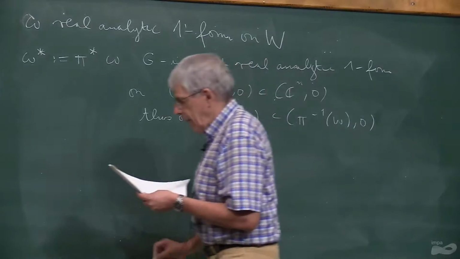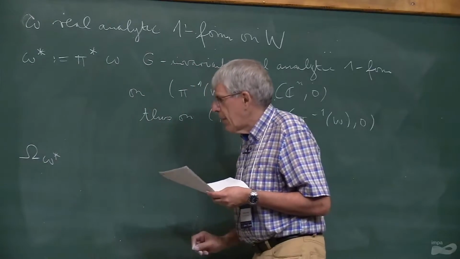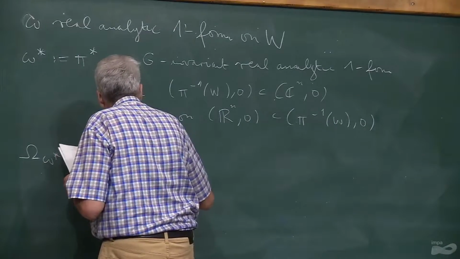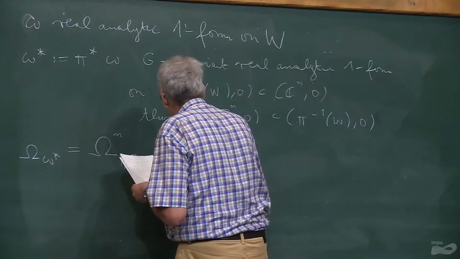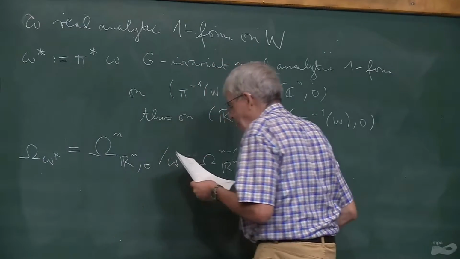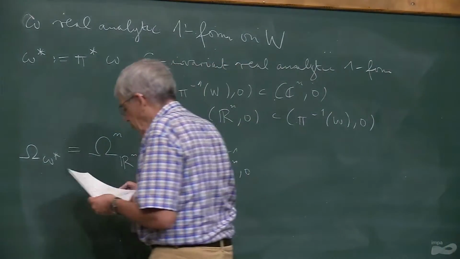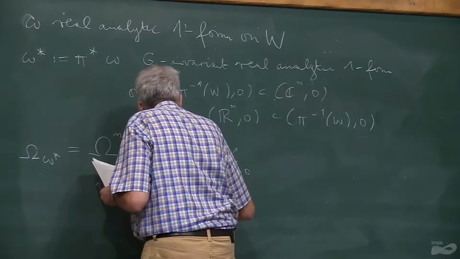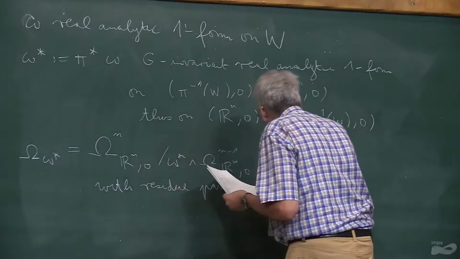And we now can consider capital Omega, omega star. As before, we consider n forms on Rn modulo omega star wedge n minus 1 forms on Rn. And this is equipped with the residue pairing, which I defined at the beginning of my talk, which I denote by B omega star.